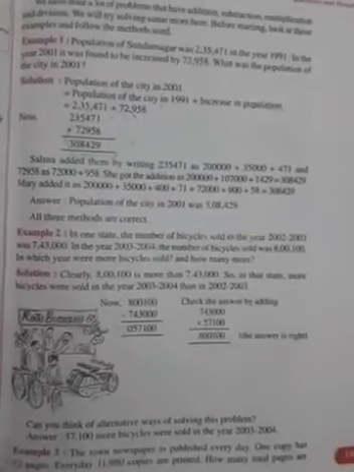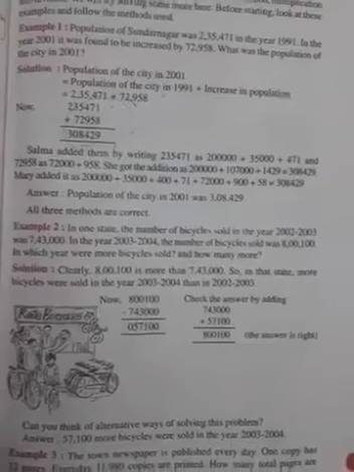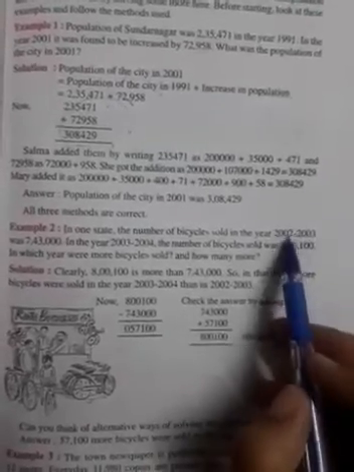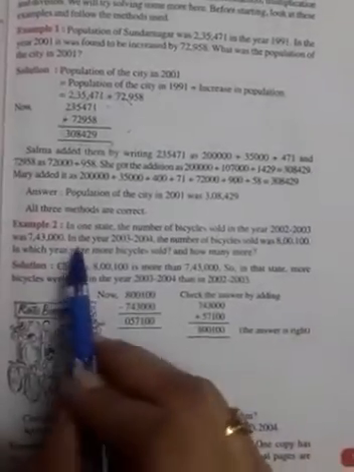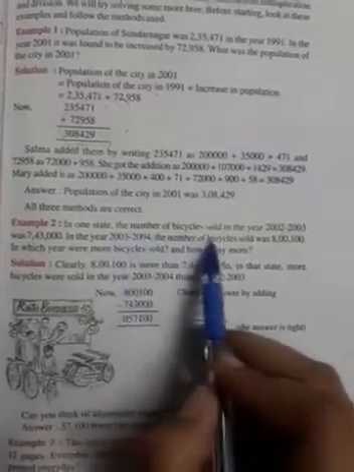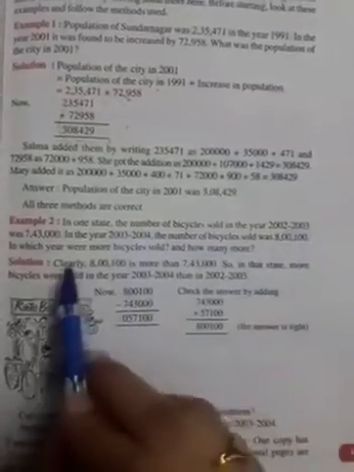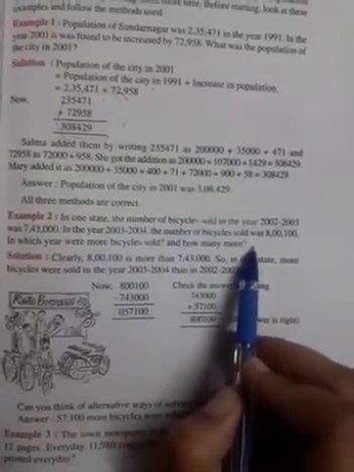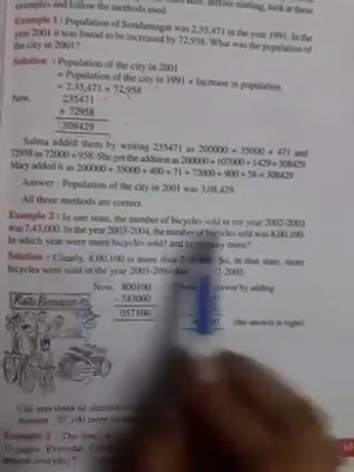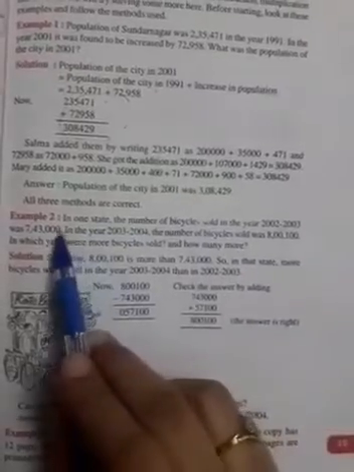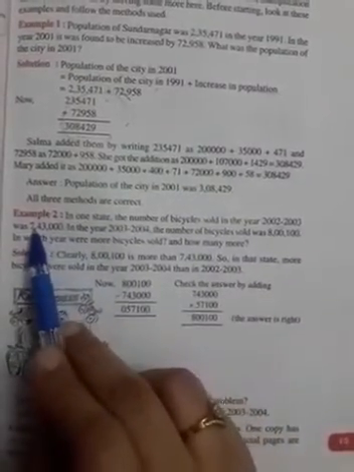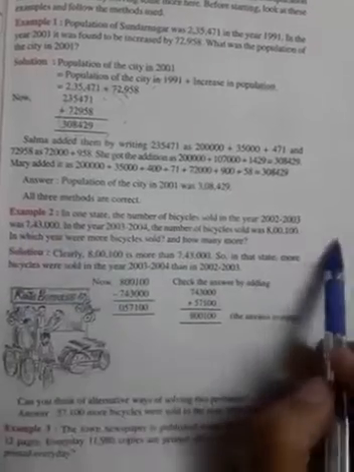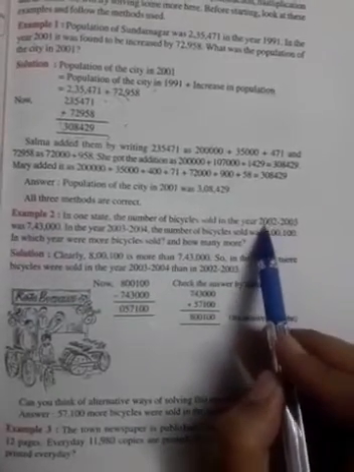Next example: in one state, the number of bicycles sold in the year 2002-3 was this, and in 2003-4 the number of bicycles sold was this. In which year were more bicycles sold, and how many more? You have to compare these two numbers to see which is more. First of all, you start from this side. The first digit is 7, and this first digit is 8.